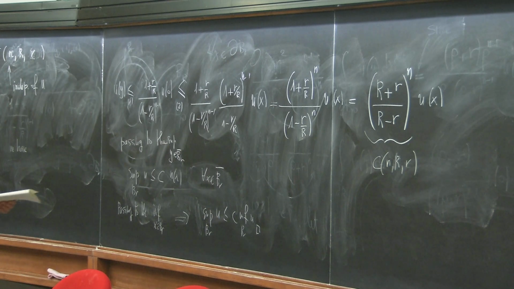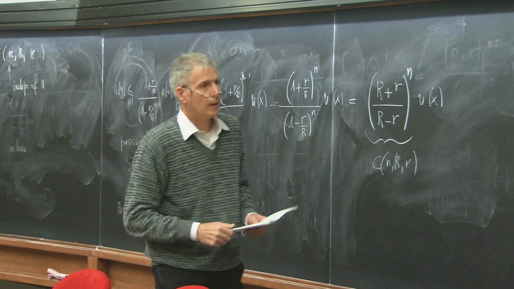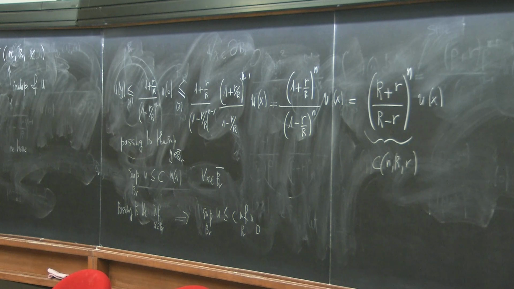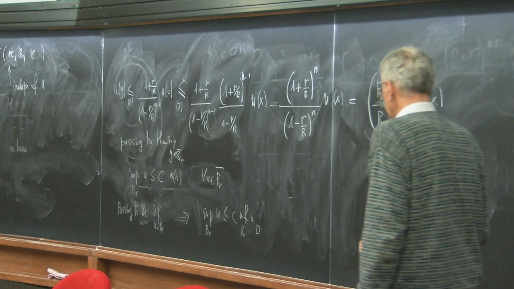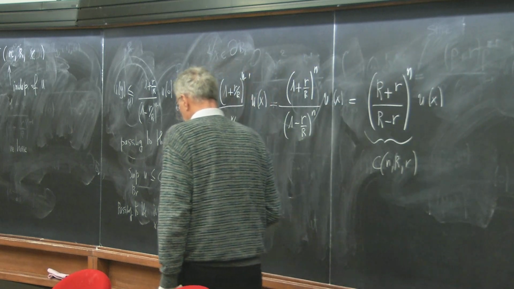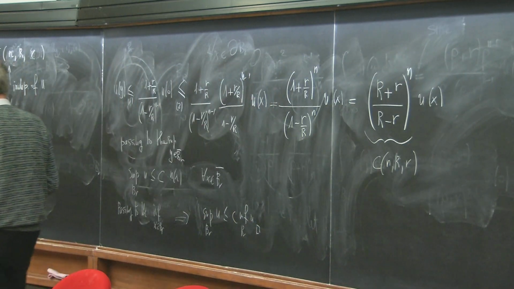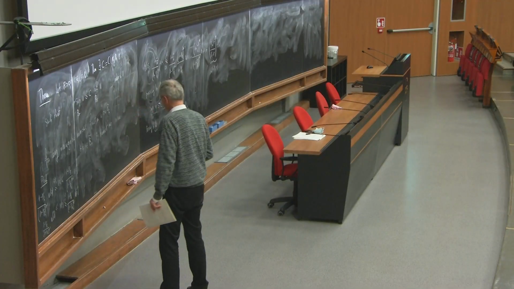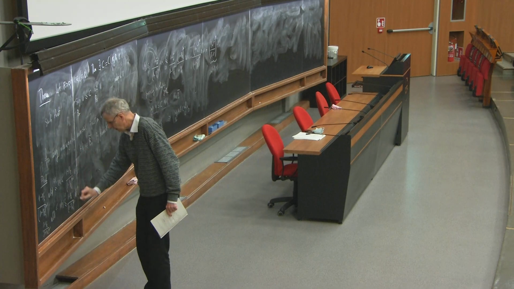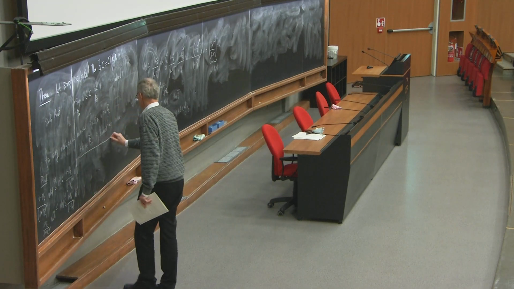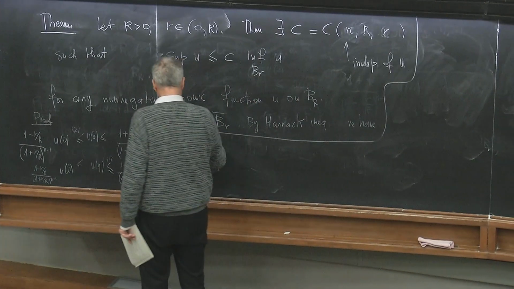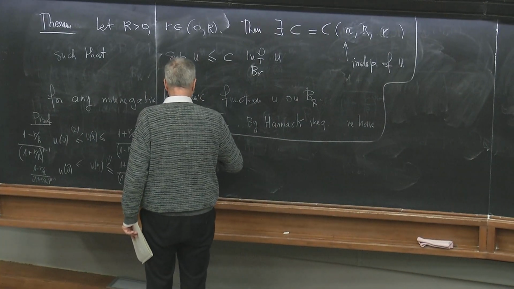Okay, so now we can still continue in our list of various forms of the Harnack inequality. This has been done on a ball. Now we can do a sort of similar inequality in a domain omega. So let's see the extension, theorem, say Harnack in omega.